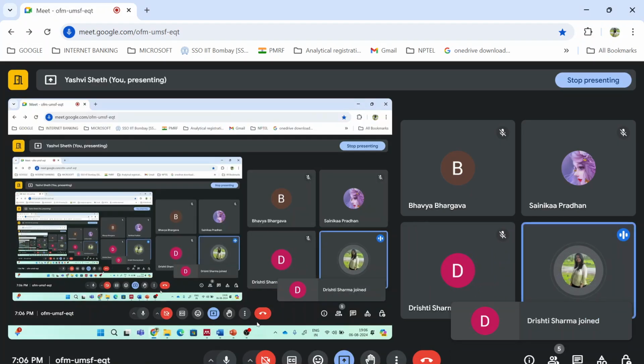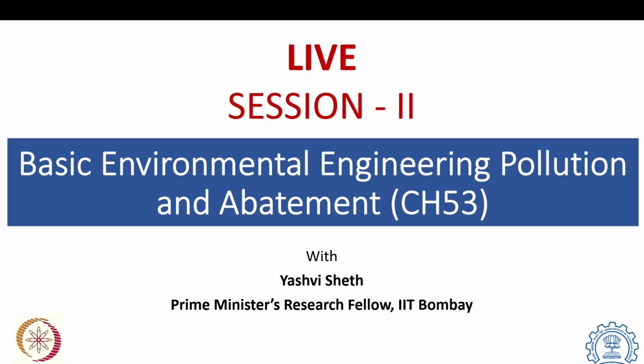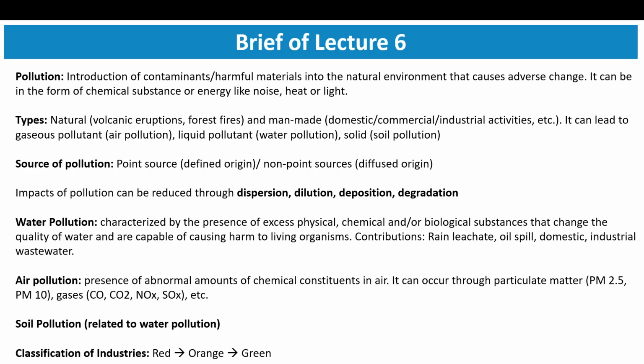So in this class, from this session, we will be starting on different concepts. We have studied the basics of environment and various terminologies related to it. Now we will be studying how this environment is getting contaminated.